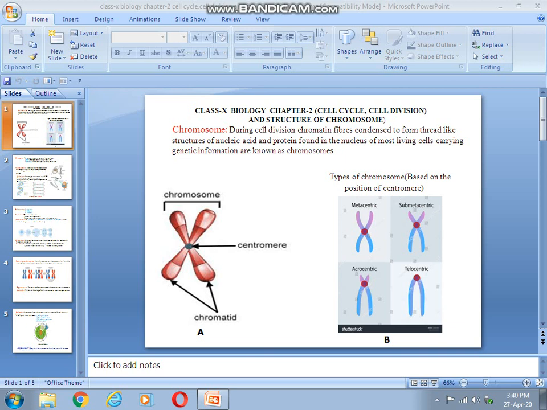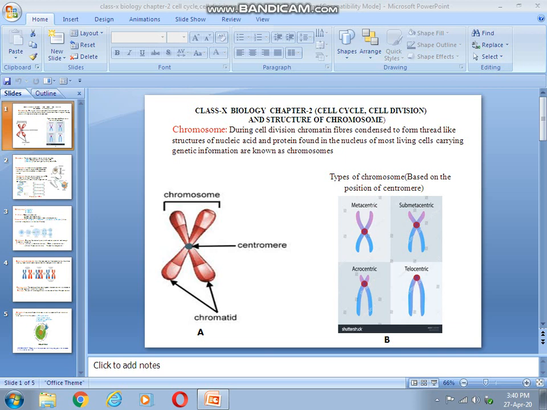One set comes always from father and another set always comes from mother. So out of 23 pairs or 46 chromosomes, 22 pairs are autosomes and one pair is sex chromosome. 22 pairs means 44 chromosomes are autosomes and 2 chromosomes, that is one pair, is sex chromosome.